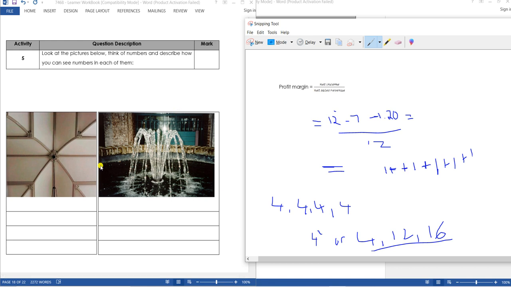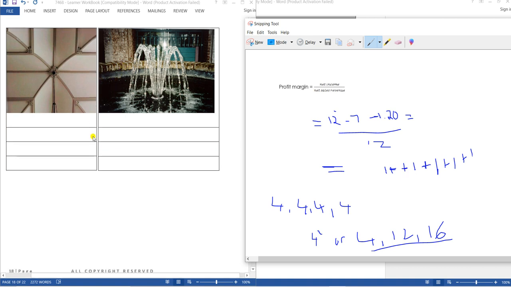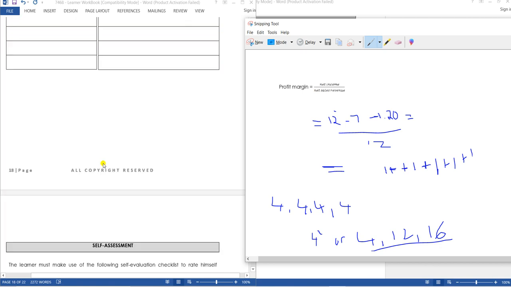It depends on how you see it. Even I cannot precisely say that I'm correct, because my answer may be different to yours, based on what you perceive from these images. So that's how you go about answering these two for activity 5.